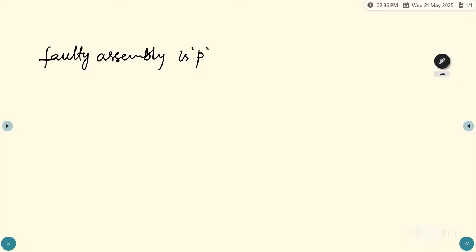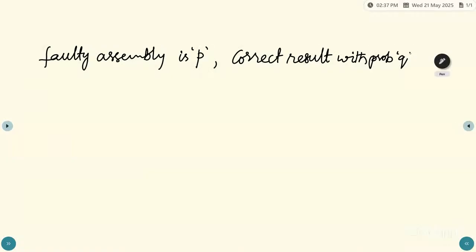Okay, this testing process gives correct result with the probability small q.